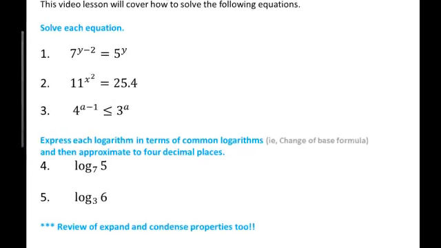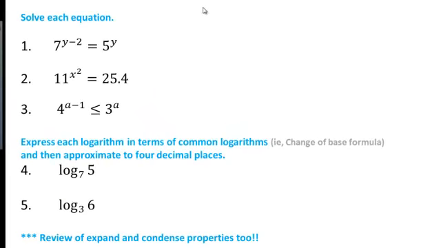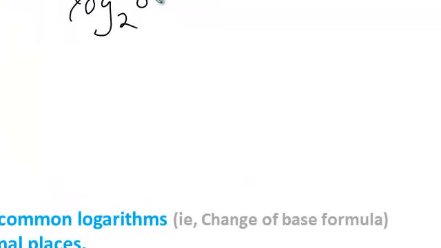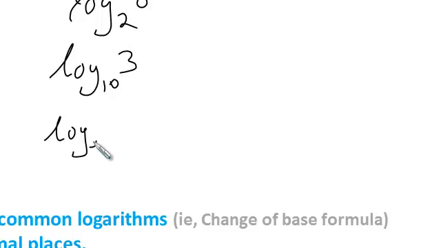So let's look at a couple examples. We have log base 2 of 8. We have log base 10 of 3, and we have log base e of 5.